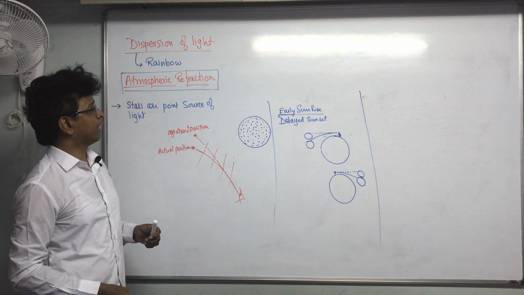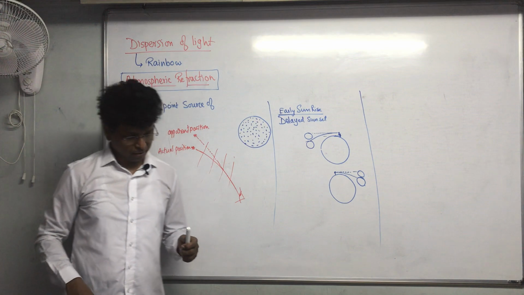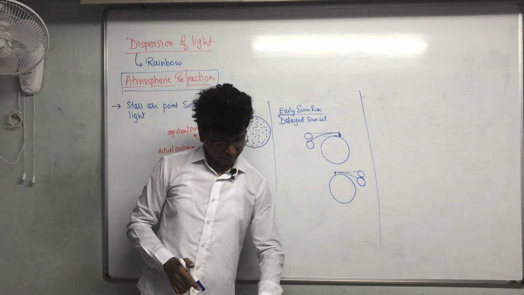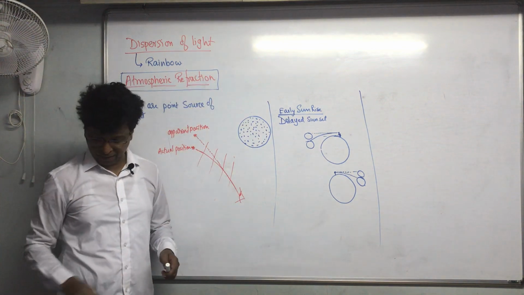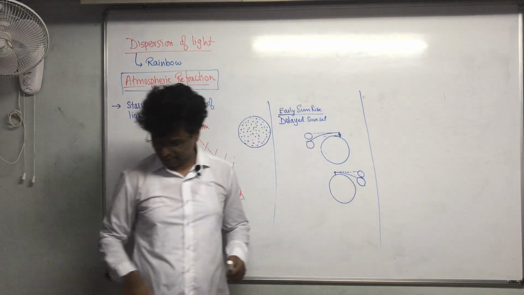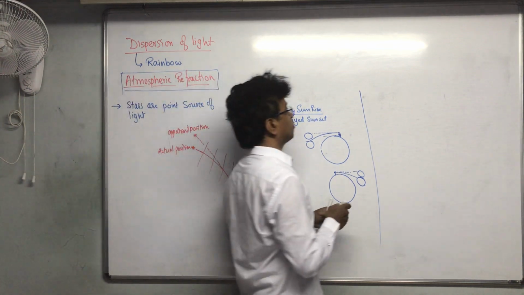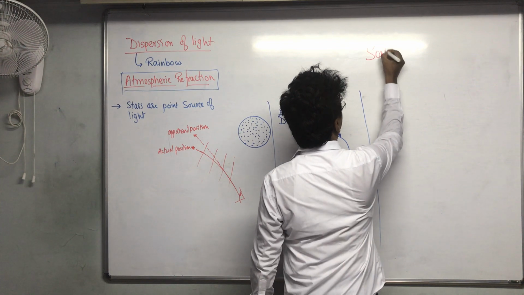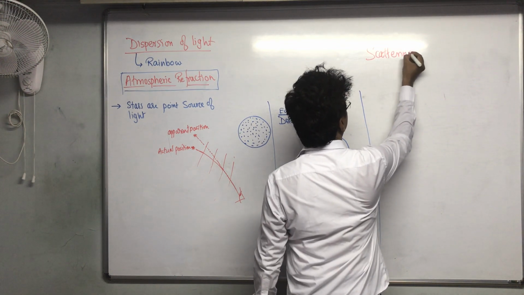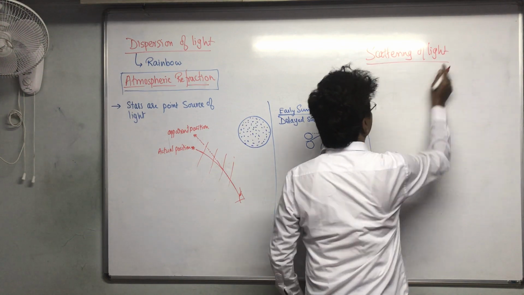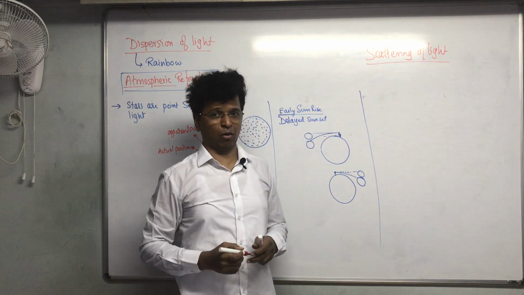And next, the topic is scattering of light. Scattering of light, this is again a very important topic and a very different topic. Basically, see, scattering of light and dispersion of light, students usually get confused because they sound the same, but they are not the same at all.